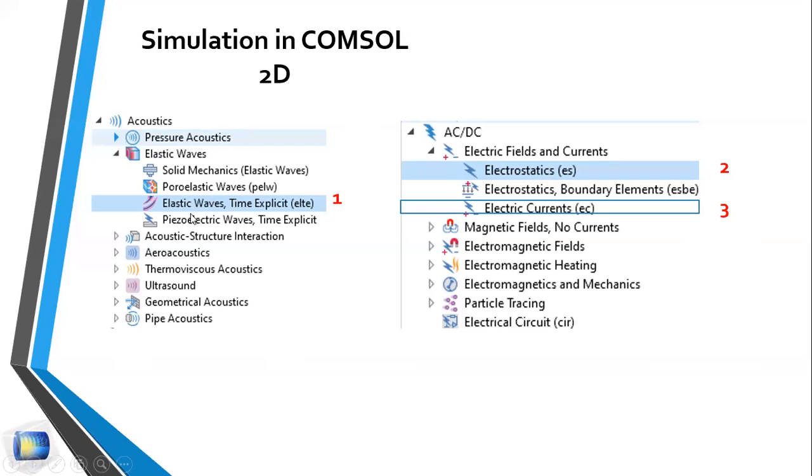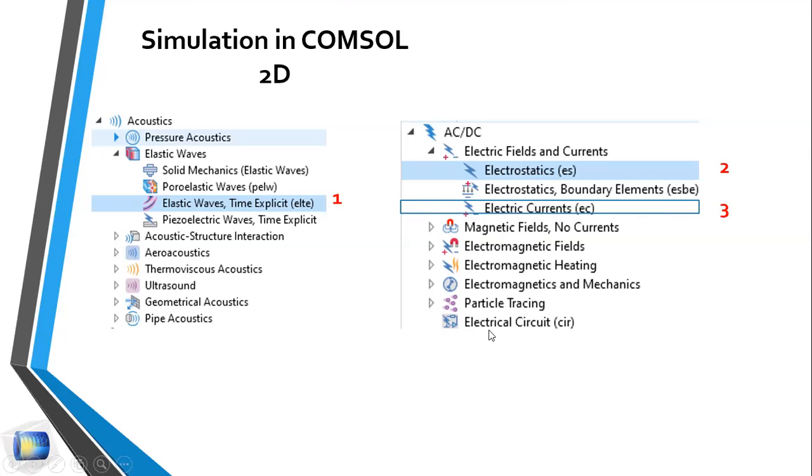But if you want to see the propagating wave in the solid part, you should use elastic wave, time explicit, specifically for this type of simulation. Also, you should add electrostatics and electric circuit.